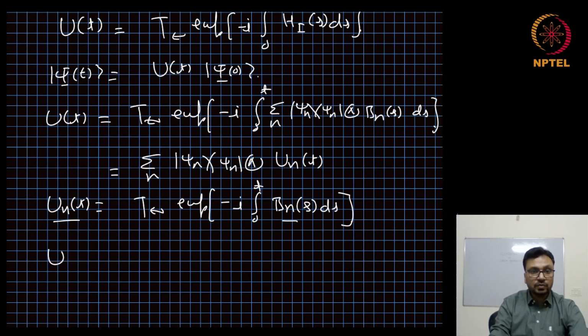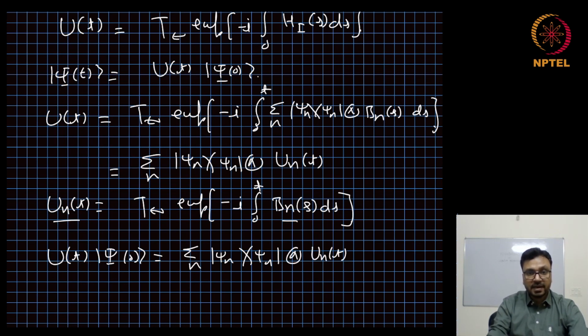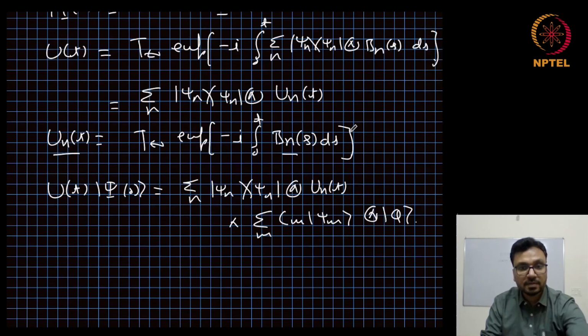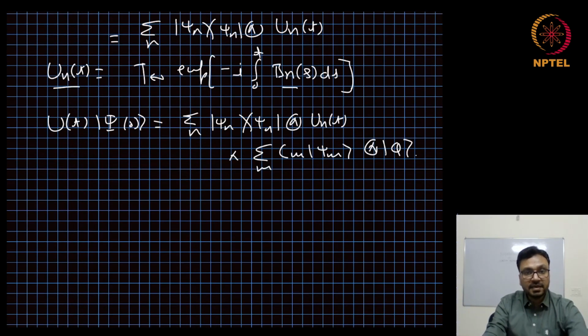Now if we apply U(t) on Ψ(0), it means we have sum over n of ψn tensor Un(t) acting on sum over m, Cm, ψm tensor φ. The ψn and ψm are orthogonal to each other.